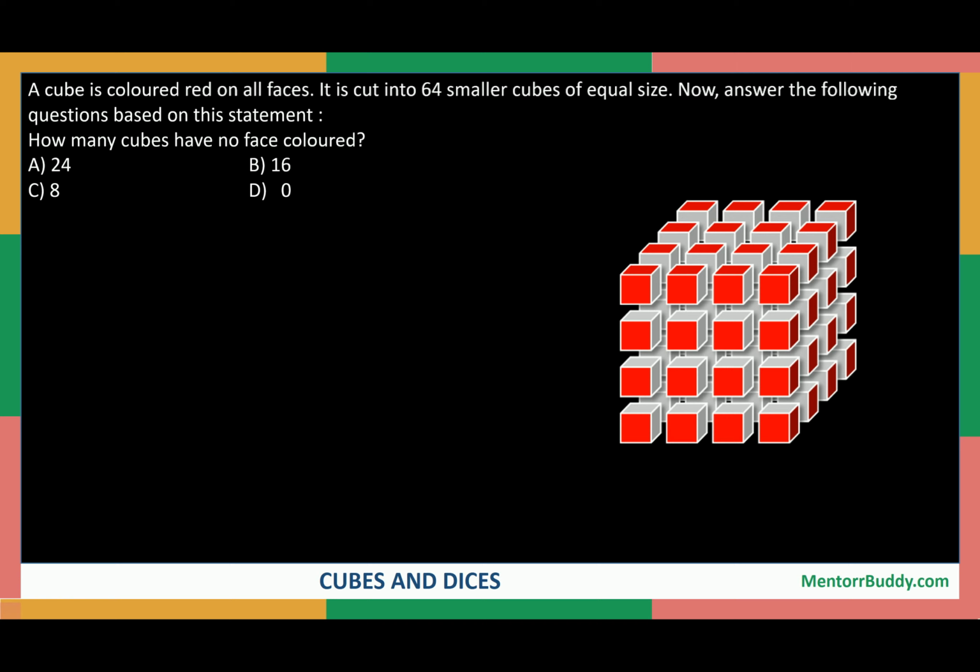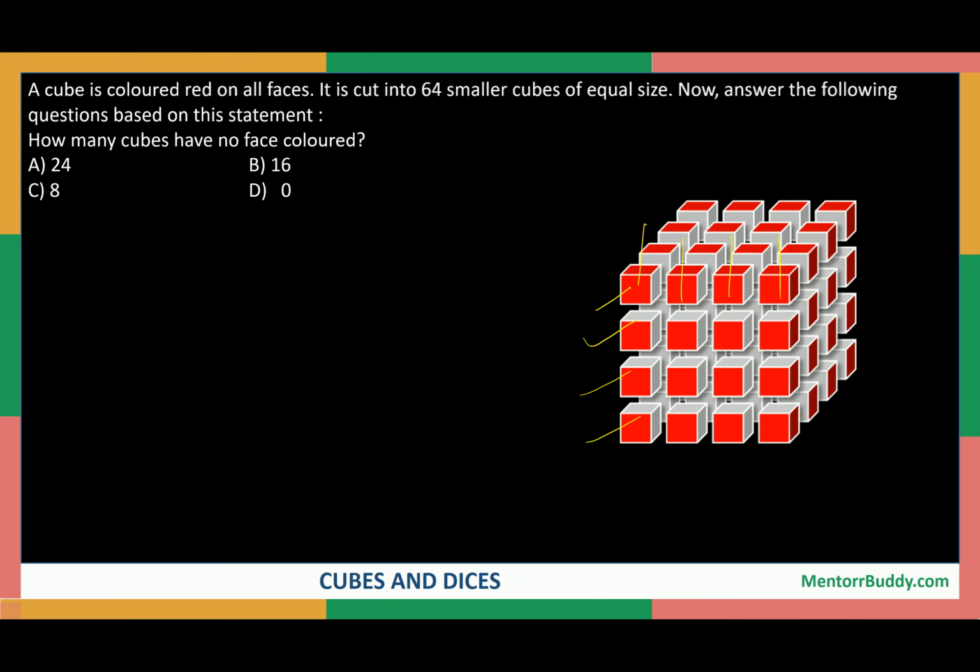Whenever you have this type of question, first find the total number of cubes. Here we see how many cubes are there in a row: 1, 2, 3, 4 cubes in a row. And in the columns, 1, 2, 3, 4 cubes in this way.